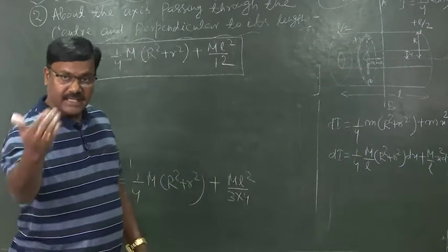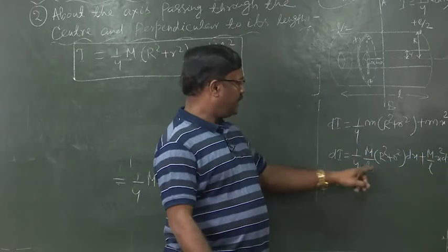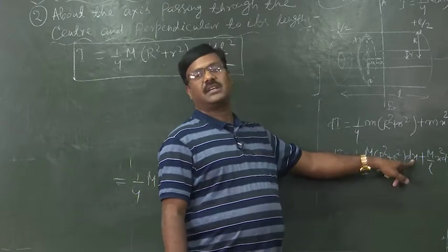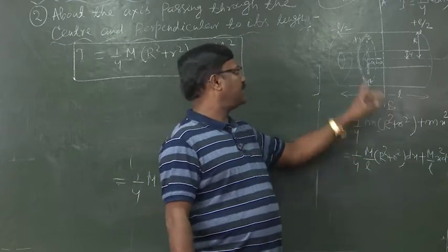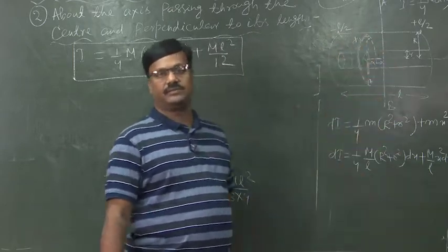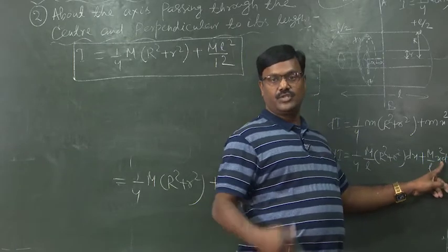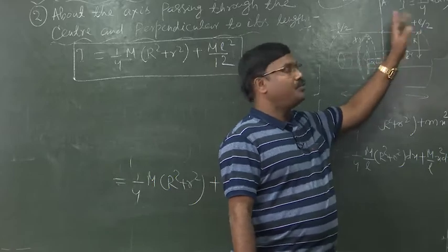And while integrating, we can integrate both the terms. Here 1 by 4 m by L are constants taken outside, and the integration of dx will be x in the limit minus L by 2 to plus L by 2. And here the integration of x square will be x cube by 3 in the limit minus L by 2 to plus L by 2.